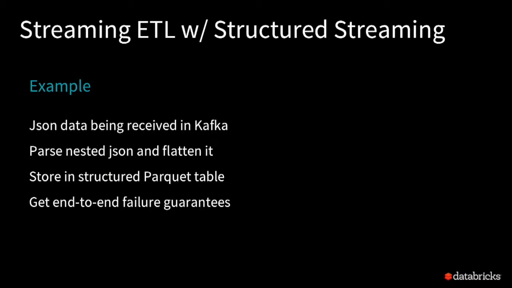You want to parse it out and maybe potentially clean it up, but at the basic level, parse it out, flatten it, do basic processing, and then store the parsed data as a structured Parquet table, so that you can do other operations like interactive operations on that Parquet table as soon as possible. And you obviously want end-to-end fault tolerance guarantees.